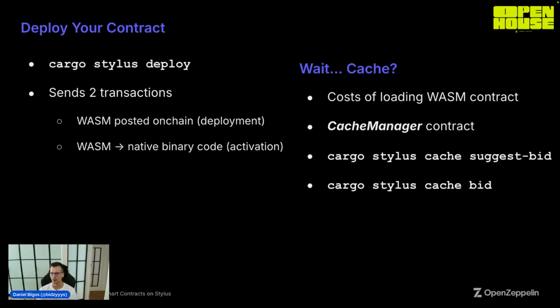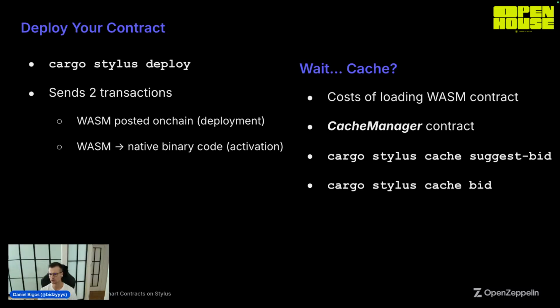The cost of loading WASM bytecode into our WASM virtual machine on Arbitrum chains takes a lot of time, which means that it consumes a lot of gas. So in order to fix this issue, the Offchain Labs team, the team that built the whole technology around Arbitrum, came up with an idea of a cache manager contract.